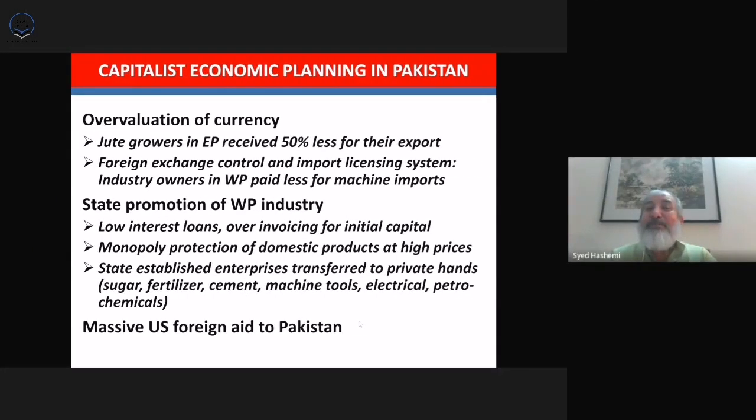A principal mechanism of resource transfer from East Pakistan to West Pakistan was through overvaluing the rupee. Now what that means is, and I'll give you an example, supposing the international exchange rate for $1 was actually 10 rupees.